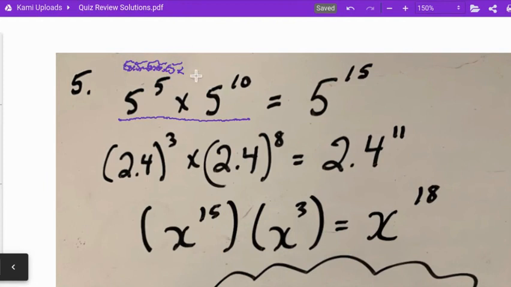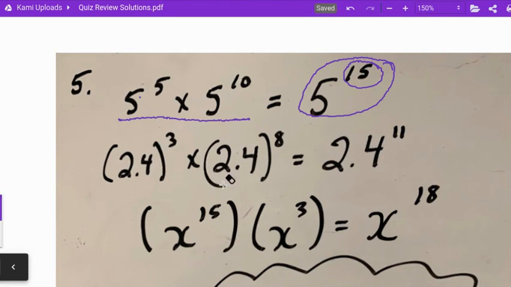So we have 5 plus 10. So altogether, we're going to have 15 5's. So now we're writing this as a single power. We used to have 2 powers, and now it's just 1. So we're combining the exponents by visualizing multiplying by a whole lot of 5's.